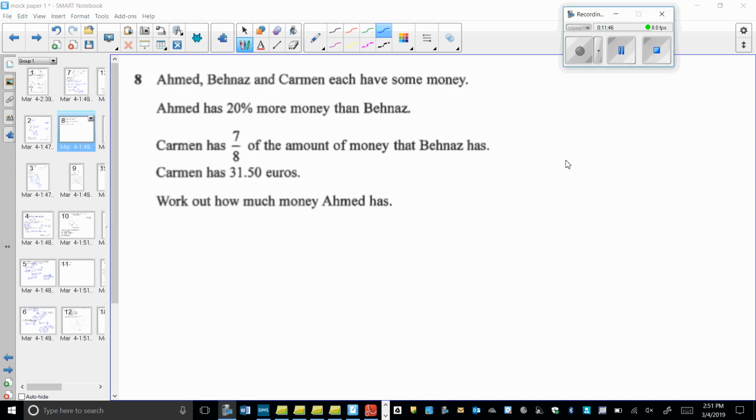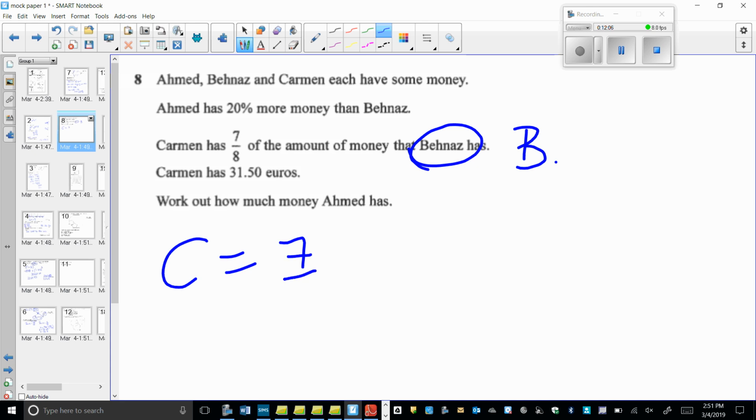Alright, so Carmen has 7/8 of the money. So if we call his B, Carmen has 7/8 of B, and so that is 3150.